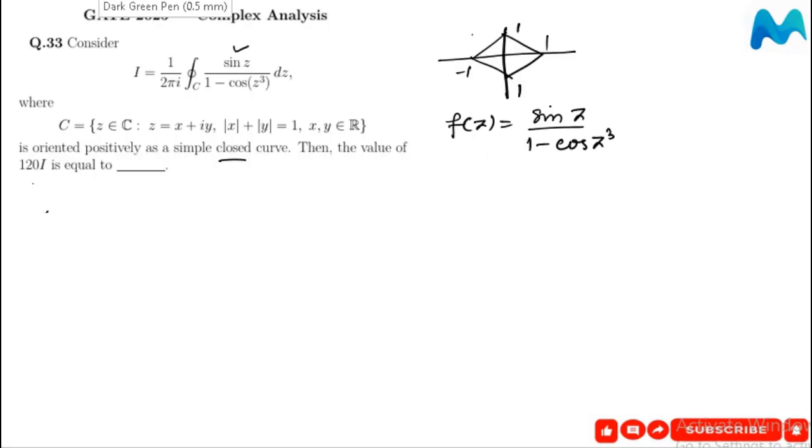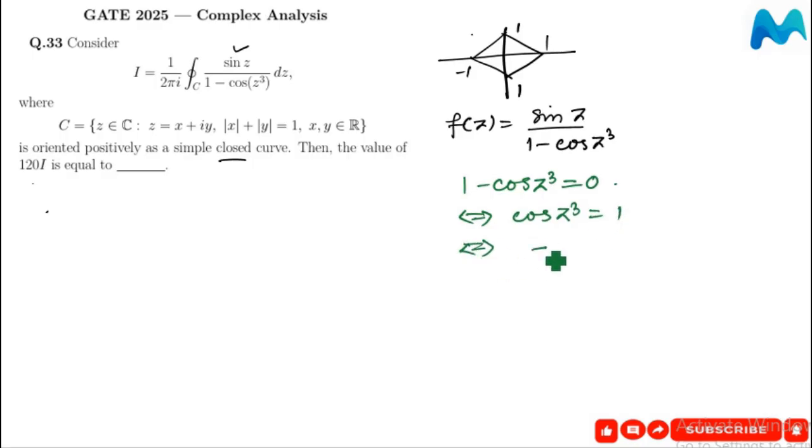The singularity of f(z) will be where 1 minus cos of z cube is 0, which happens if and only if cos of z cube is 1. And when is it 1? It is simple to solve: when z cube equals 2kπ, where k is an integer.